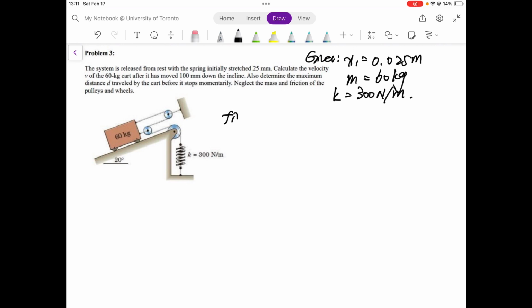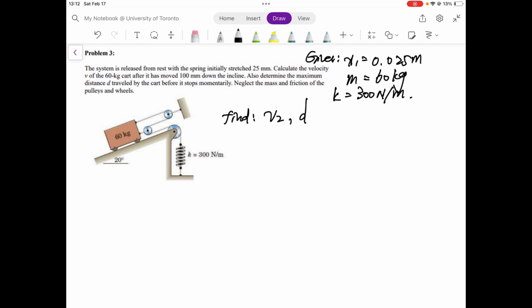What we need to find is the velocity of the cart after it has moved 100 millimeters down the incline, so we say v2. And also we need to determine the maximum distance D traveled by the cart before it stops. So we call it D.